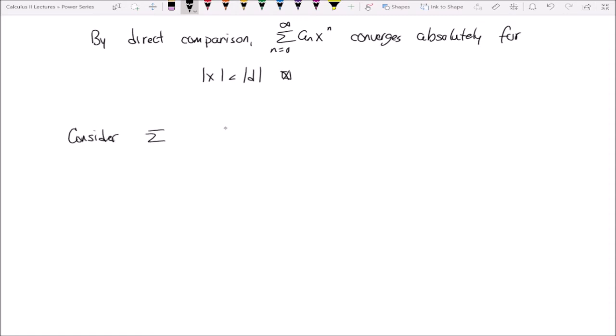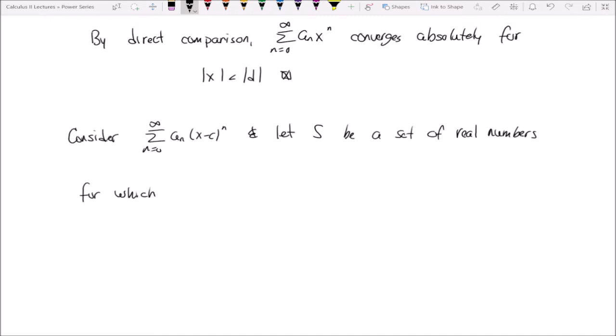Let's consider the series n equals 0 to infinity, a sub n times x minus c to the n. Furthermore, we're going to let S be the set of real numbers for which the series converges.